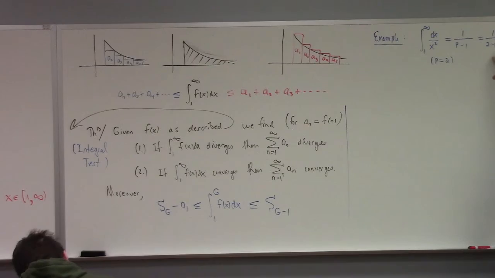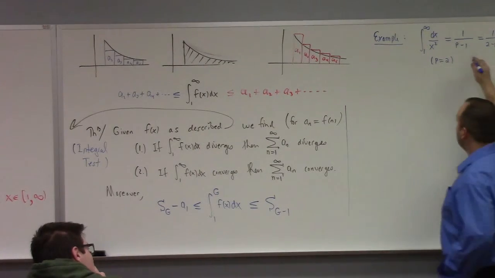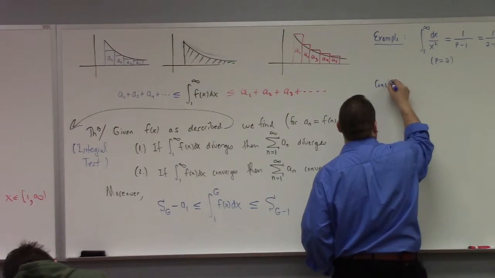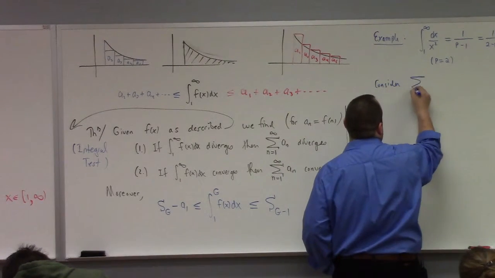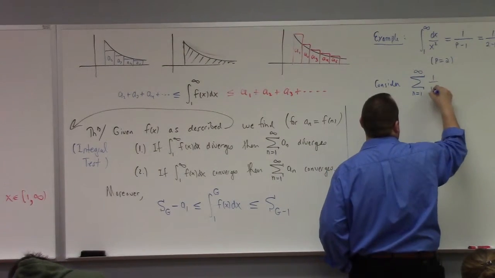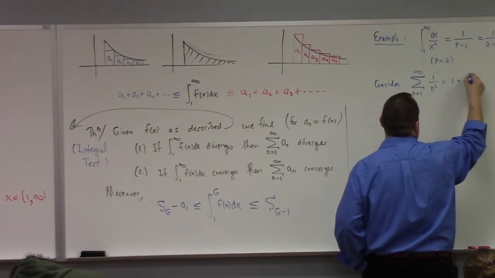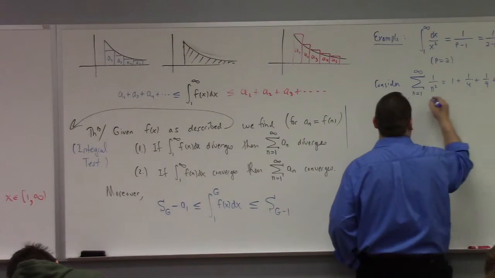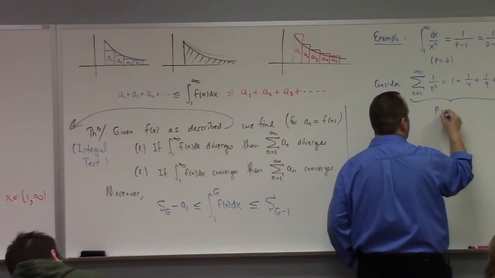My question is, how does this compare to, so let's consider the series, sum n equals 1 to infinity of 1 over n squared. This is 1 plus a 4th plus a 9th plus dot dot dot. This is the so-called p equals 2 series.